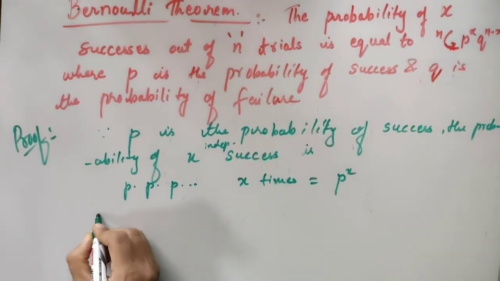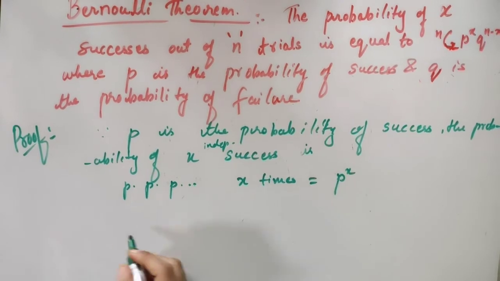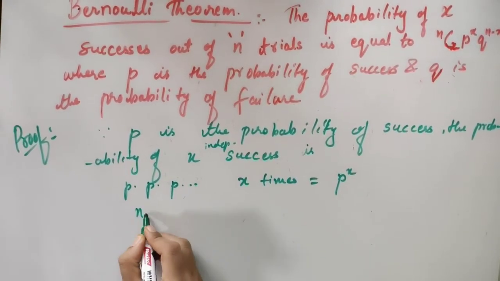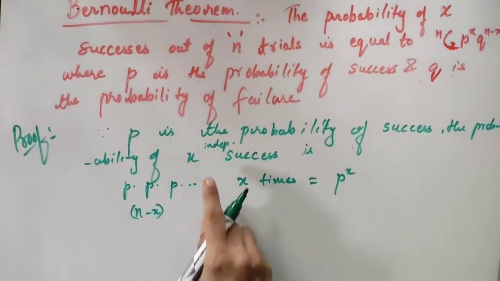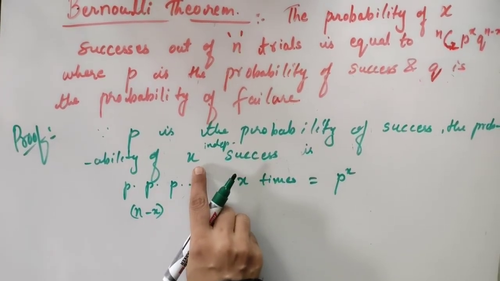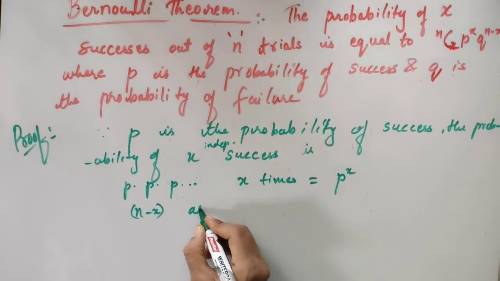Now, since there are x successes out of n trials, the remaining n minus x are failures, yes or no? If there are x successes out of n trials, then n minus x are failures.